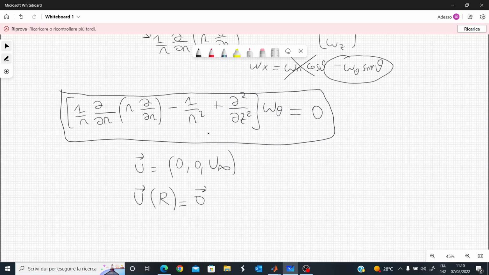So the velocity should be 0 on the sphere because of the friction between the fluid and the sphere itself. The sphere is considered still, therefore the first layer of fluid which is in contact with the sphere should have a 0 velocity. So these are the boundary conditions that we have to use, and we will see this next time.